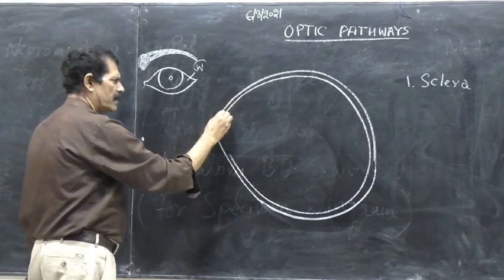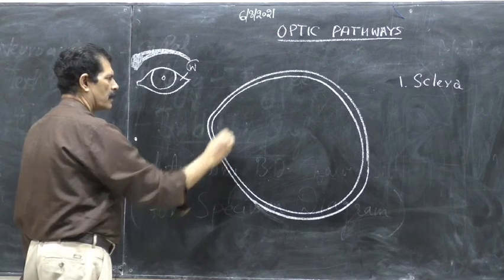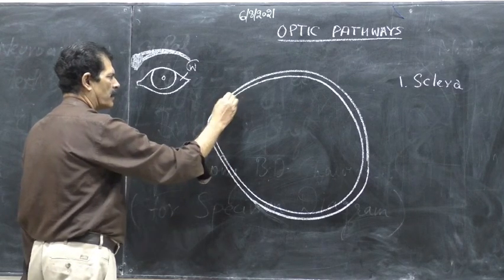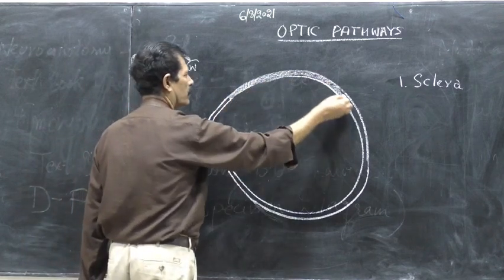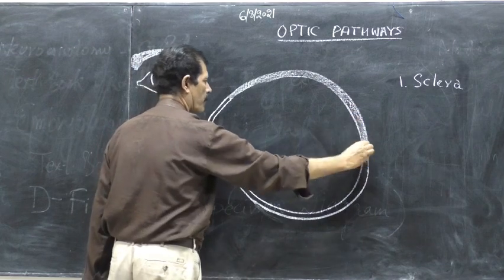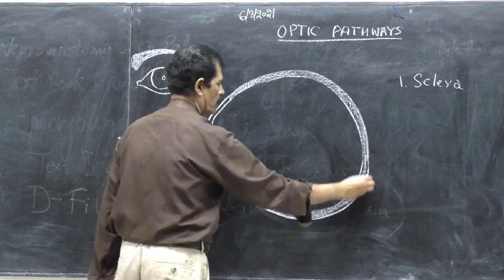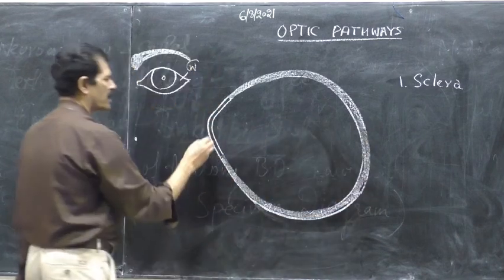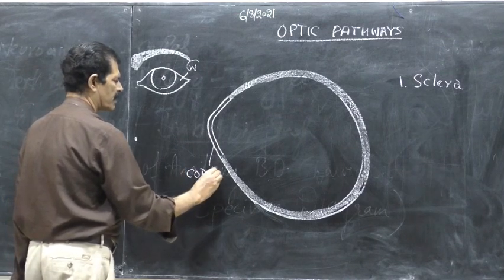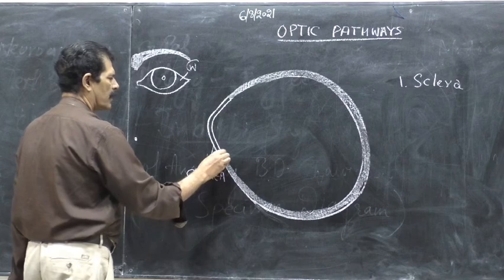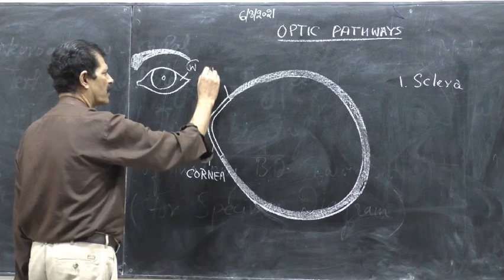But anteriorly it is transparent, whereas the rest of it is white. This transparent part is called the cornea, through which light passes inside the eyeball, and this junction is called the sclerocorneal junction.